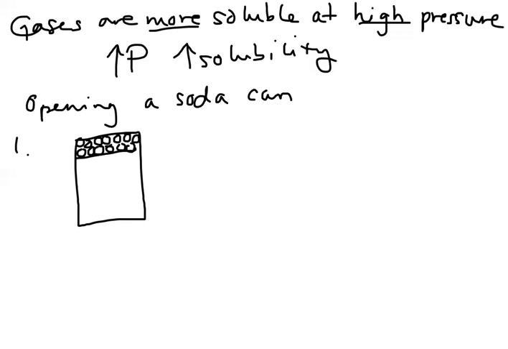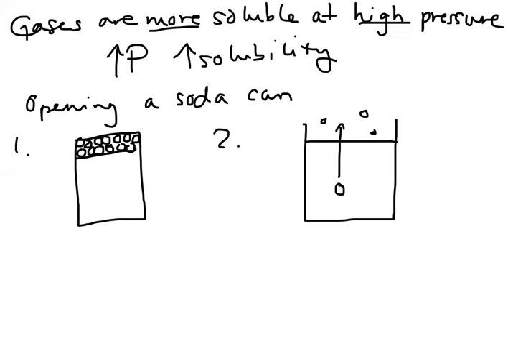However, when you release that pressure, there's a lot less of those molecules above the top of the liquid, which means that gas can come out of solution. And that is the CO2 bubbles coming out of solution, okay? And then eventually, all the CO2 that is dissolved in that solution comes out of solution, and we reach an equilibrium, and that's when your soda goes flat.